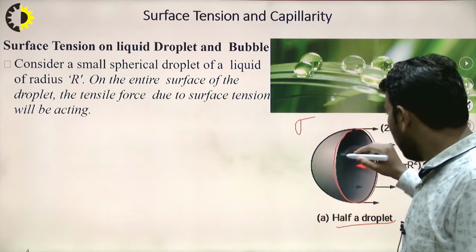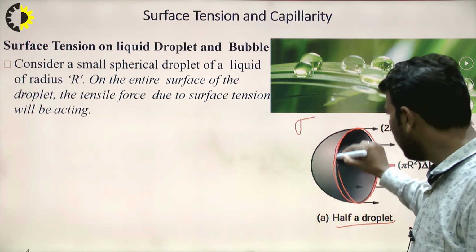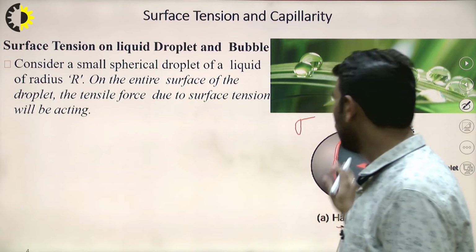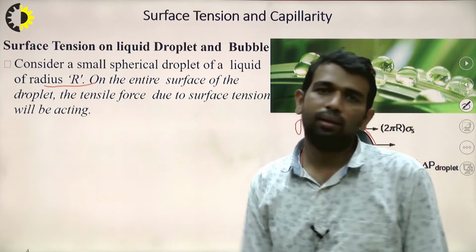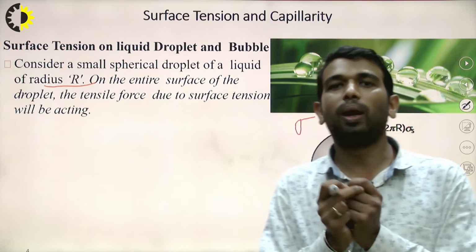So the complete exposed surface length is the circumference of this particular droplet. Let's choose the radius of this droplet as capital R. So the circumferential length of this droplet is 2 pi R.